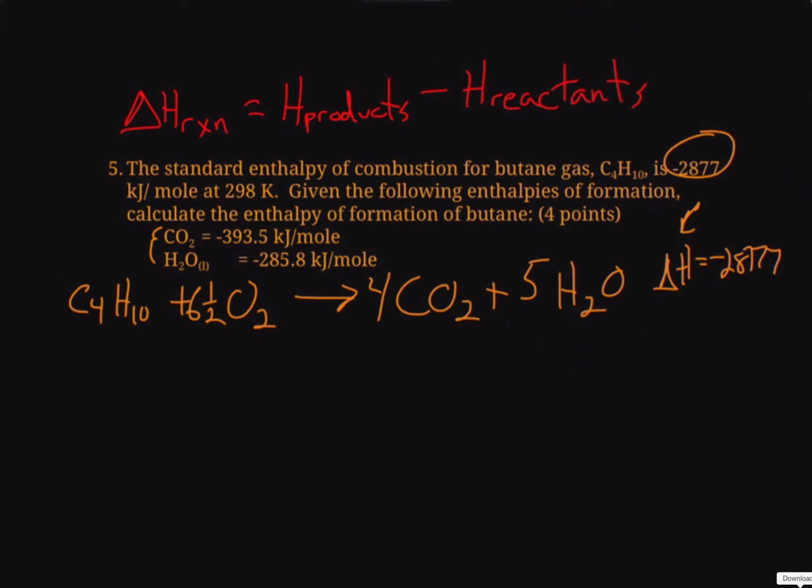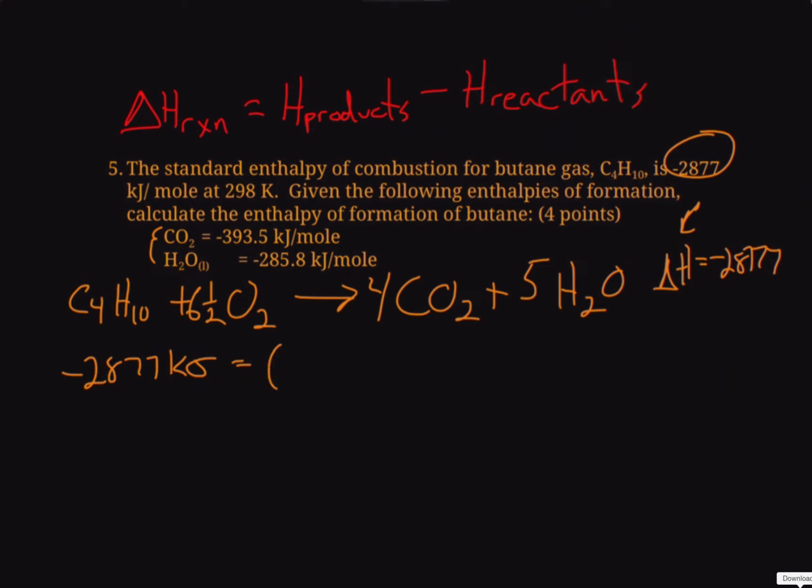So we know that the heat of the reaction is negative 2,877 kilojoules, and that is the sum of the heat of formation of the products minus the sum of the heat of formation of the reactants. Well, that means that negative 2877 kilojoules is equal to the heat of the products.